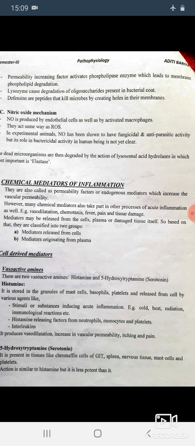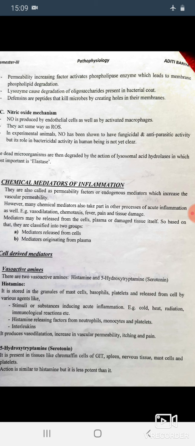Second is lysozyme, which causes degradation of oligosaccharides present in the bacterial coat. The bacterial coat is degraded, and that's why the bacterial cell dies. And third is defensins.